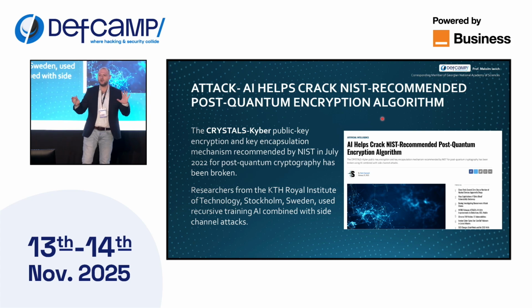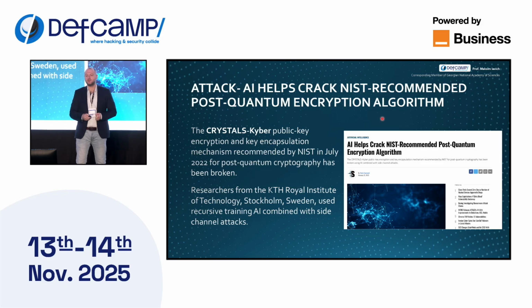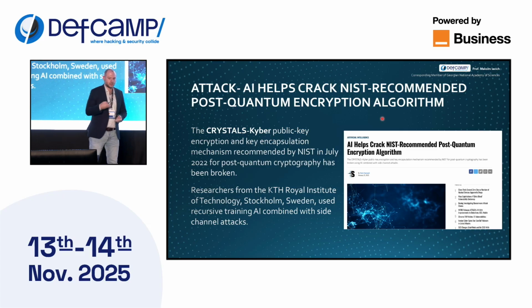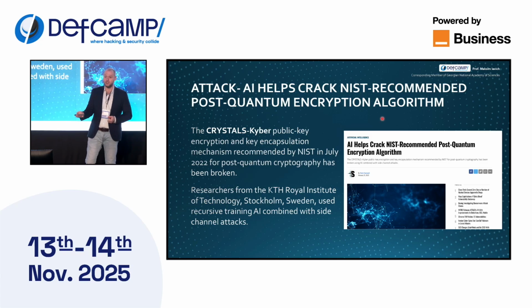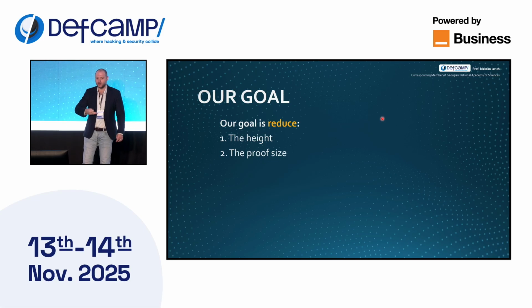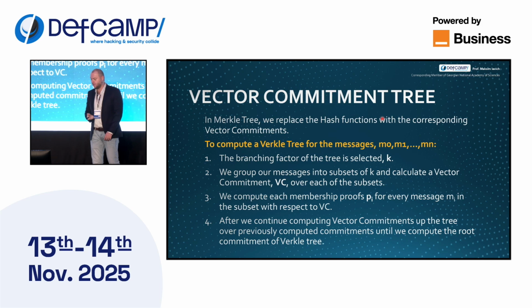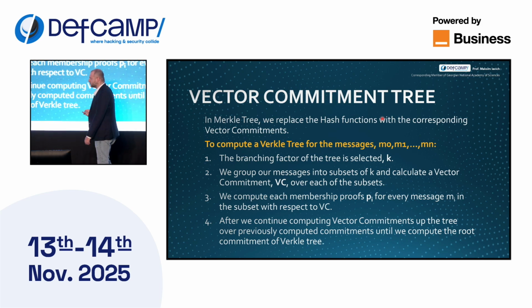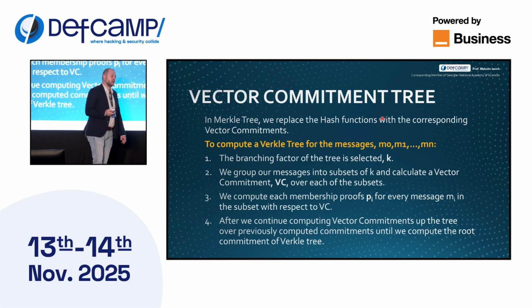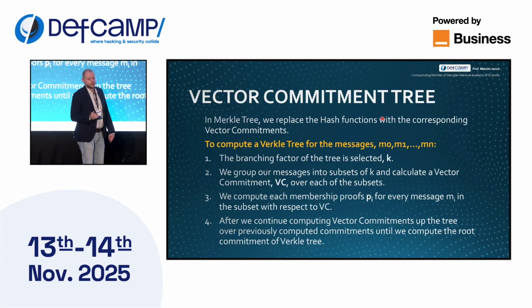So, all the world is trying to pay a lot of money to the researchers to create different approaches of creating post-quantum digital signatures, encryption schemes, and so on. What is our goal? Our goal is to reduce the height of the tree and to reduce the length of the signature. For this we use so-called Verkle tree, which was offered in Michigan in 2023, I don't remember.